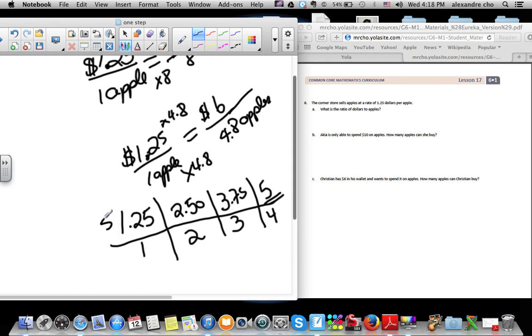This is dollars, this is apples. And for 5 apples you need $6.25, which obviously is not going to happen because you only have $6. So the maximum he can buy is 4 apples. He has $6, but he needs a quarter more. All right, hopefully that helped.